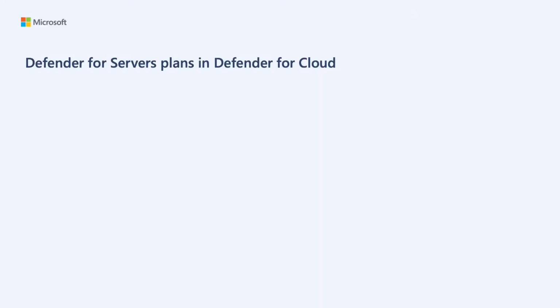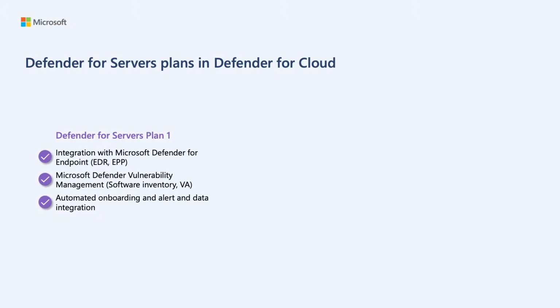But when we're talking about server protection with Microsoft Defender for Endpoint, this mainly always means Microsoft Defender for Endpoint P2, the full-blown suite of Defender for Endpoint. And so in the two plans that we have in Defender for Cloud, we have Plan 1, which mainly is the one that offers the integration with Microsoft Defender for Endpoint. And as part of that integration, it also gives you access to Microsoft Defender Vulnerability Management as the VA provider.